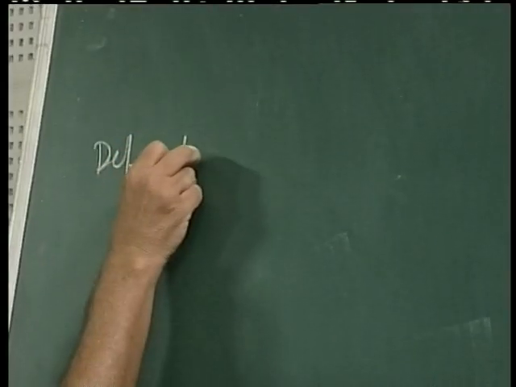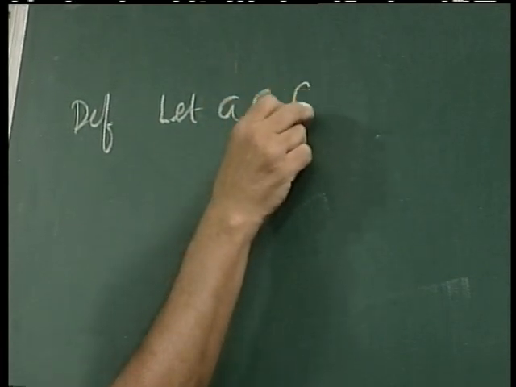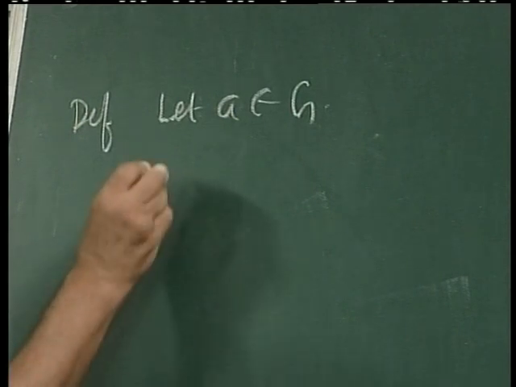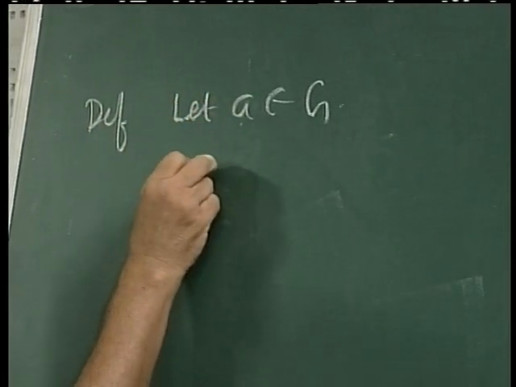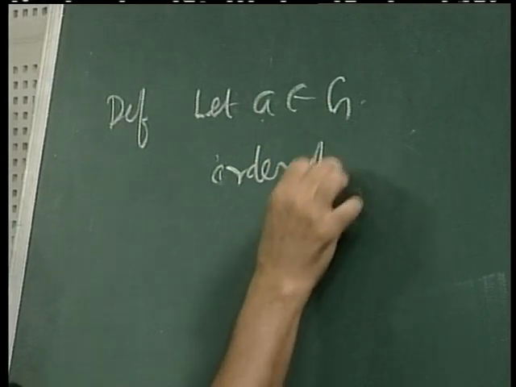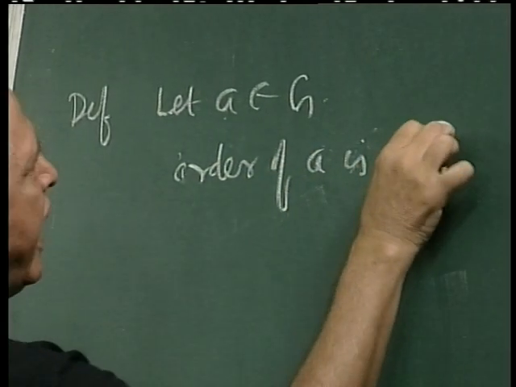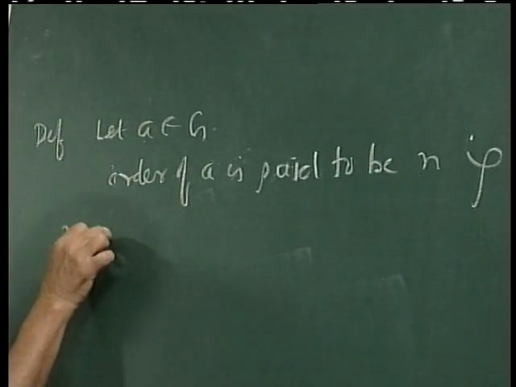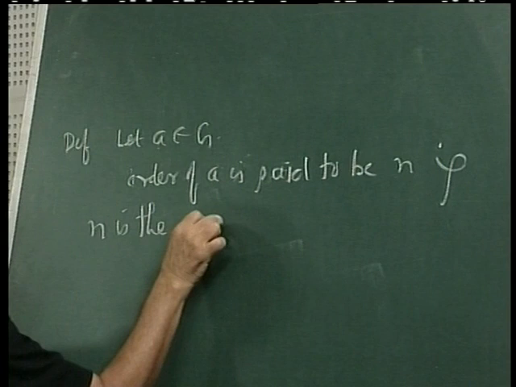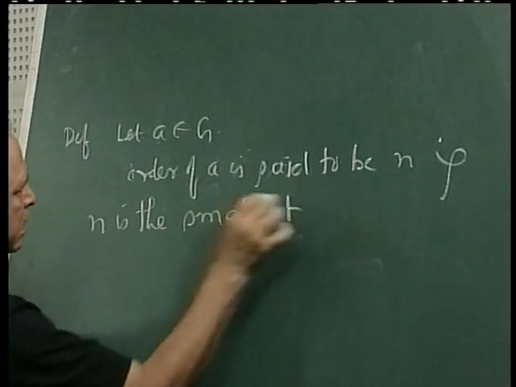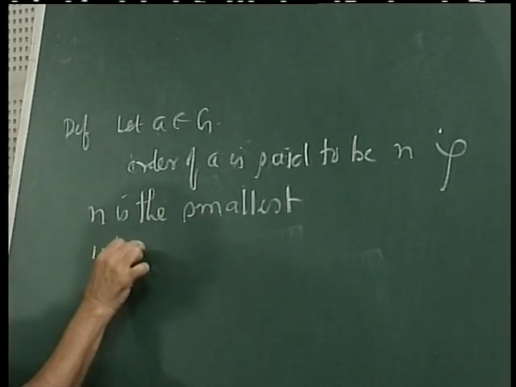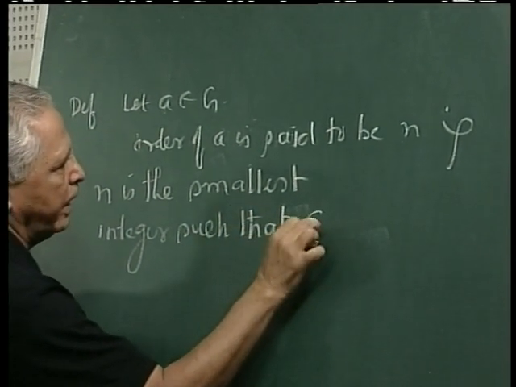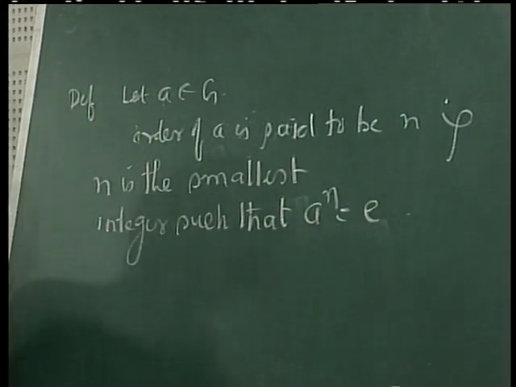Definition: let a be any element belonging to group G. Order of a is said to be n, if n is the smallest positive integer such that a raised to n is equal to e.